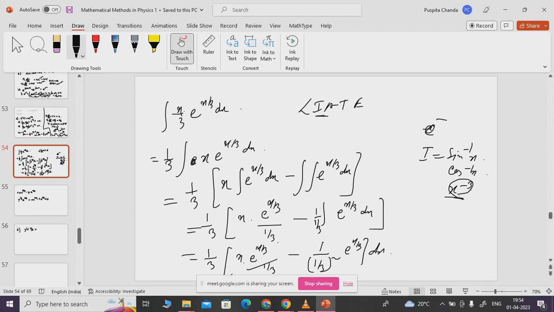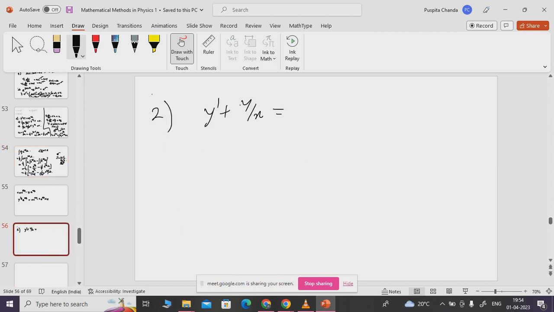X to the power minus 3 is 1 by x to the power 3. We can say it is the inverse, but it is not inverse, it is algebraic. Here inverse means inverse of trigonometric functions. Okay. E to the power x, e to the power minus x, all are regarded as exponential functions.